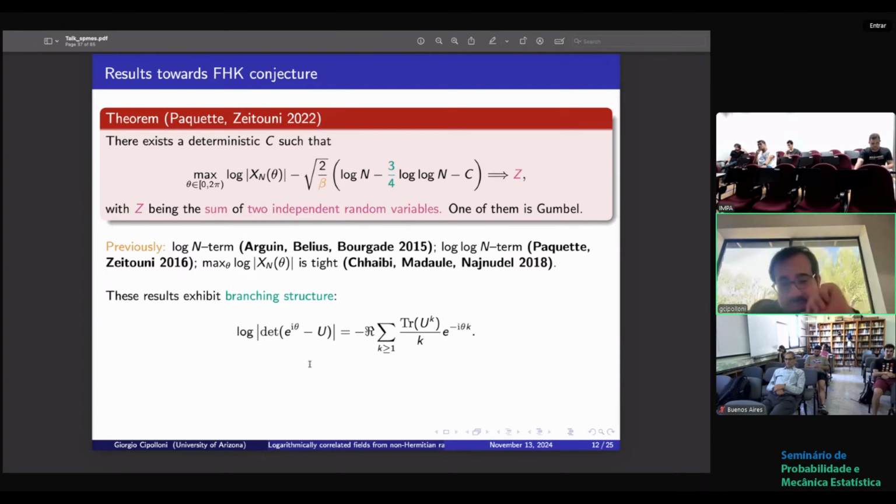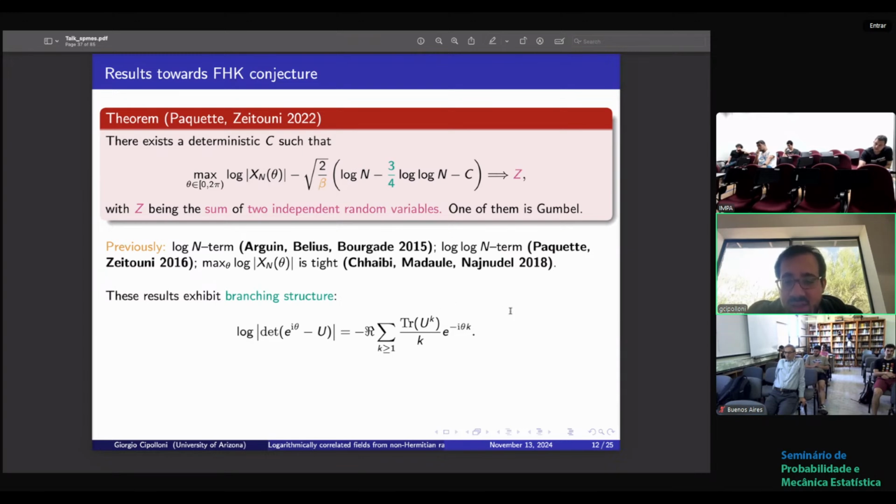So where does this branching structure come from? We're interested, say in the unitary case for simplicity, in the log determinant of this unitary matrix. So one can just write the Taylor expansion of the log. It looks like this. We have the trace of this unitary matrix to the power k divided by k, and then we just have this phase factor.